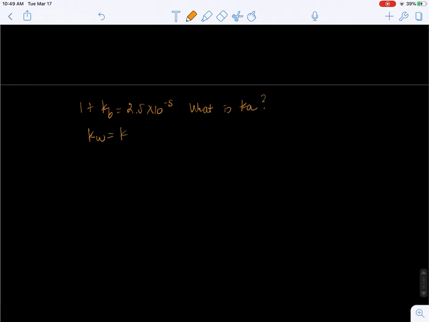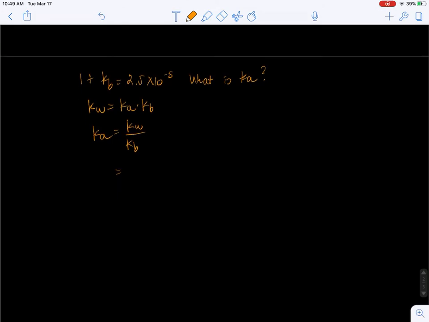Kw is equal to Ka times Kb. We solve for Ka. I urge you to type these into your calculator because sometimes the TI-83 series has a problem. We have 10 to the minus 14 up on top, and we have 2.5 times 10 to the minus 5 on the bottom. Okay, and here we can calculate the Ka for this substance.